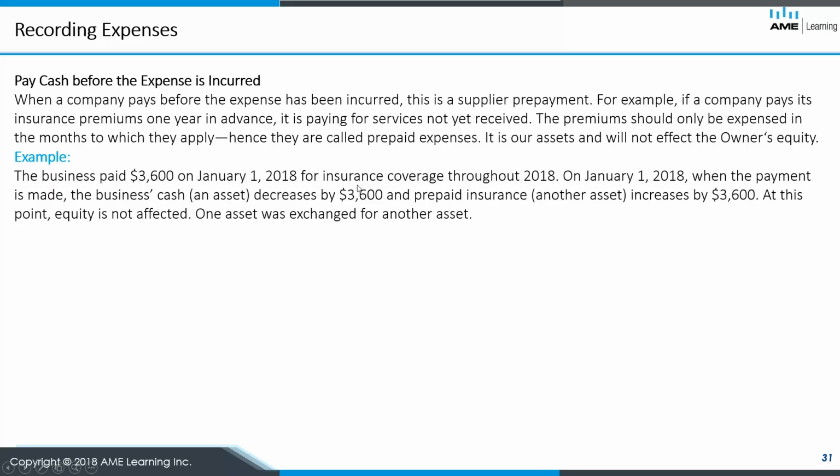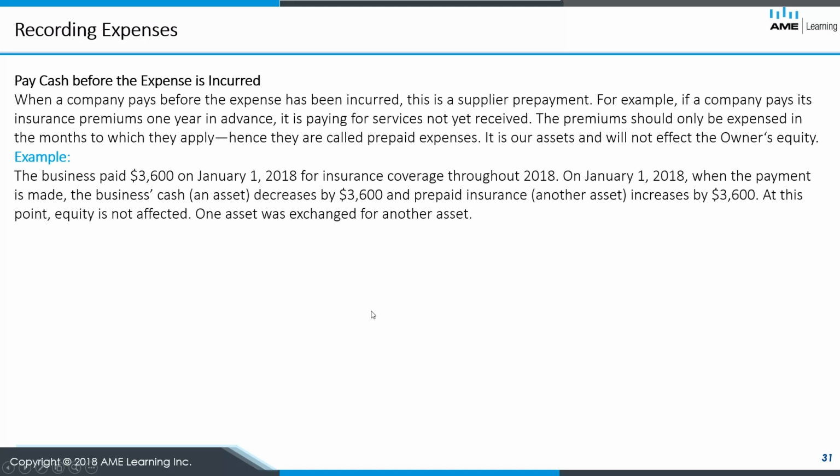And so here we've got an instance for insurance coverage being purchased on January 1 for $3,600, and it represents coverage throughout 2018. So it's 12 months of coverage for $3,600. If you divide $3,600 by 12, you get $300 per month.